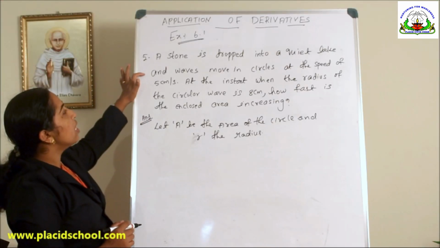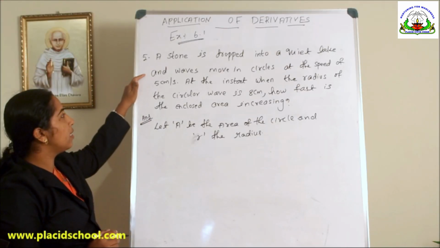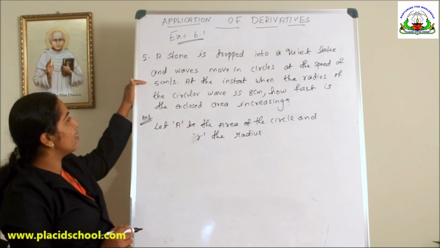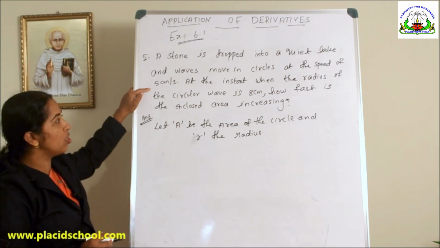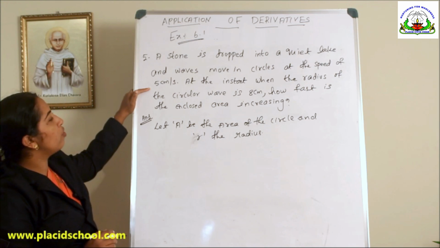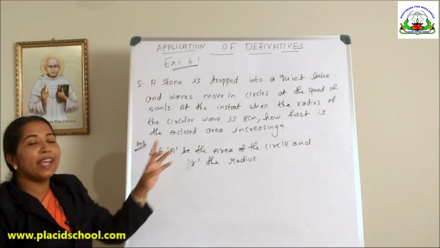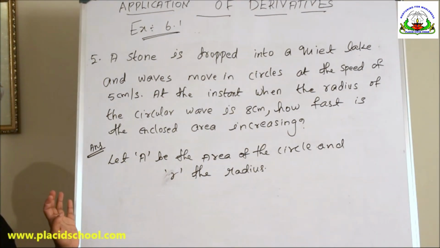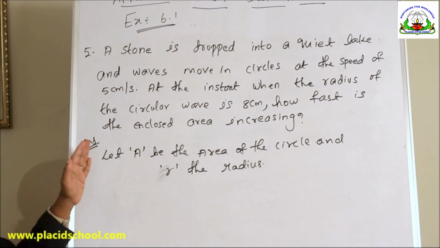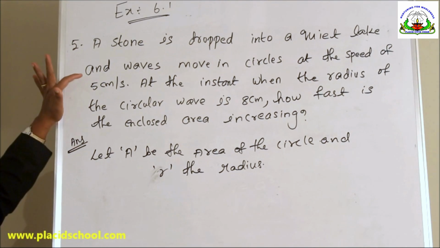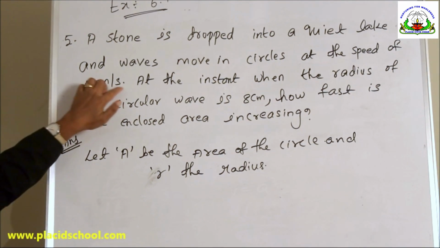Next question. A stone is dropped into a quiet lake and waves move in circles at the speed of 5 centimeter per second. At the instant when the radius of the circular wave is 8 centimeter, how fast is the enclosed area increasing? So, rate of change of radius with respect to time is given as 5 centimeter per second.